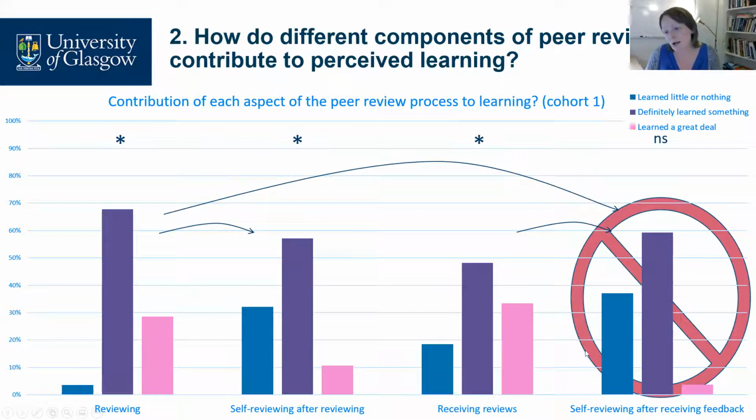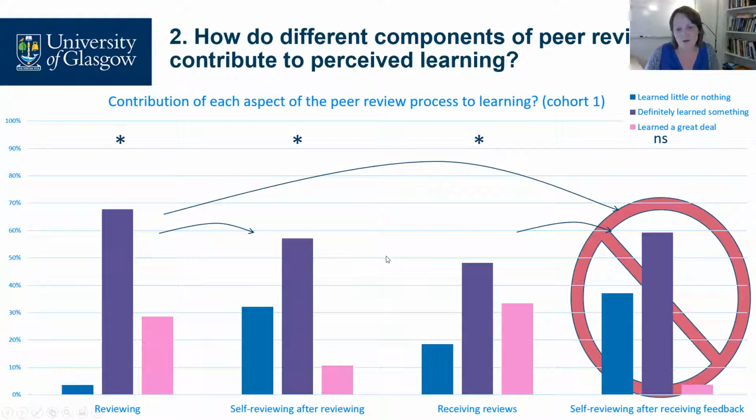I guess our interpretation of this, and hopefully it'll fit with the data that I'm going to present afterwards, is that students were, at the point of receiving the reviews and reading them, already making comparisons to their own work. In this stage, we were asking people to write down their reflections on their own work. It seems that the actual writing process wasn't particularly helpful, presumably because they'd done all of the processing on their own work at the stage of actually reading the reviews.